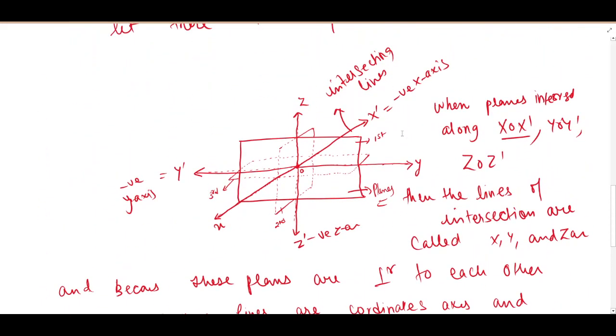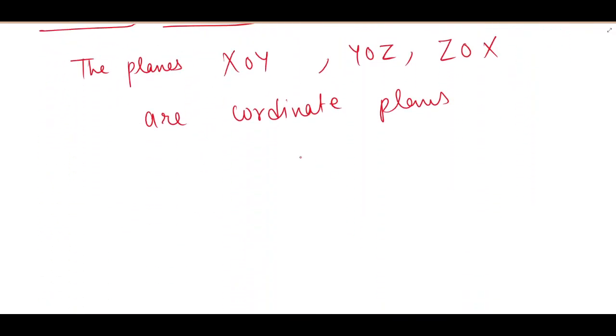In the above diagram, this is the x o y plane, and this is the z o y plane, and this is the x o z plane.